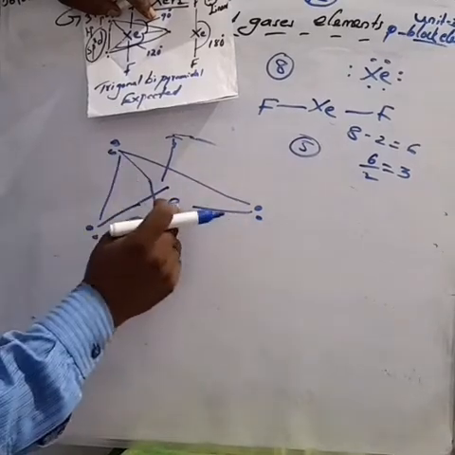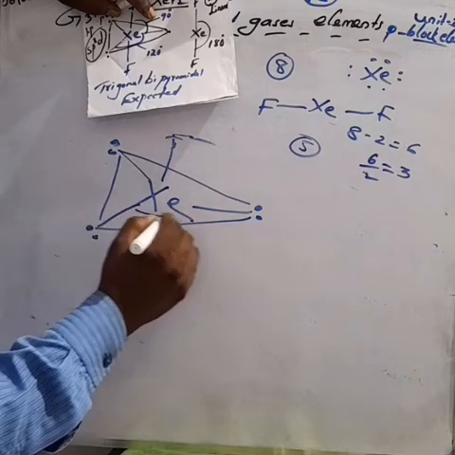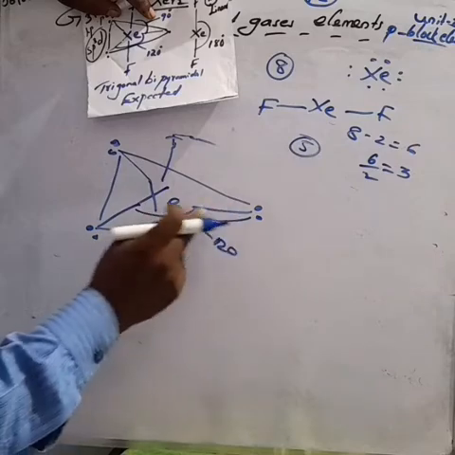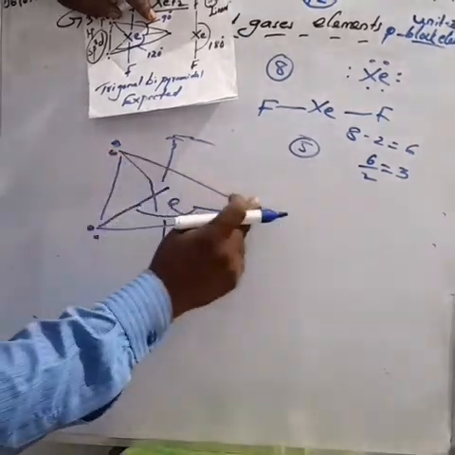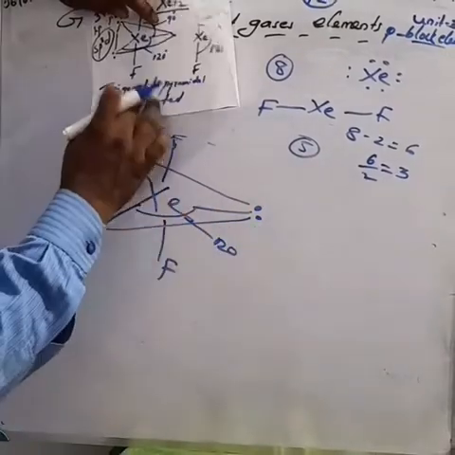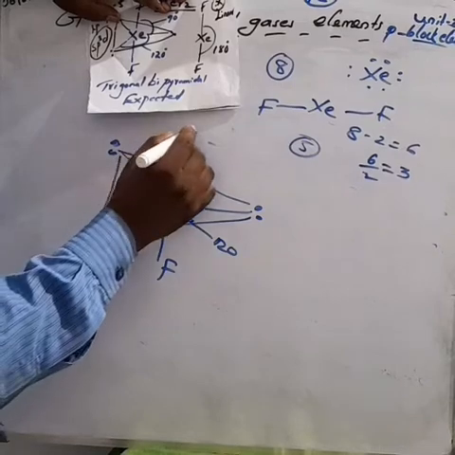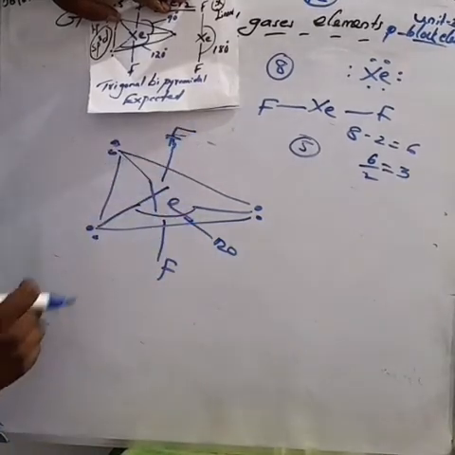Here also about 90 degrees. If you join these lines, it looks like a triangle, so we say trigonal, and bi means two fluorines, bipyramidal. Now this is the expected shape.